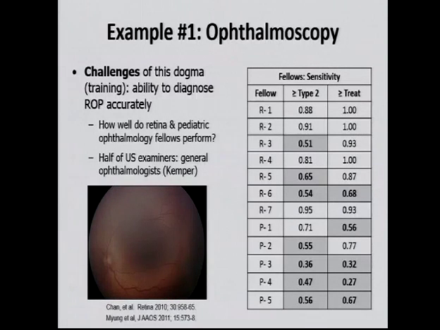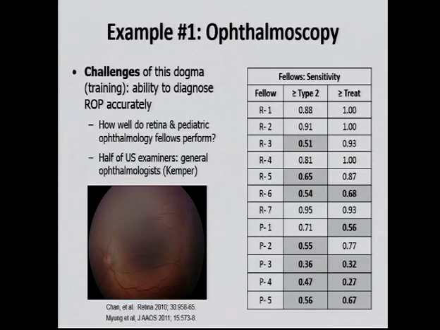We recruited 12 fellows from good fellowship programs around the country, and looked at how well they perform compared to a gold standard of an experienced ophthalmologist panel. These are their sensitivities for diagnosing clinically significant levels of disease, the level at which babies are at risk for blindness.